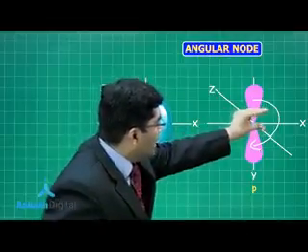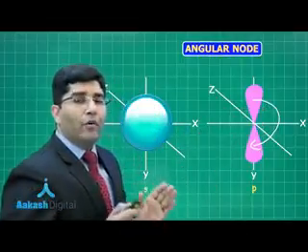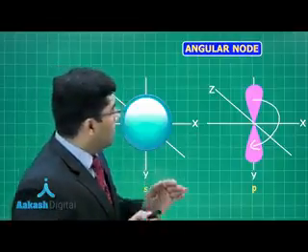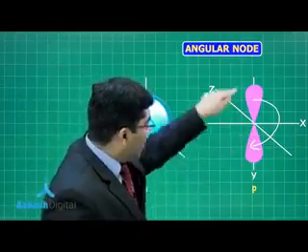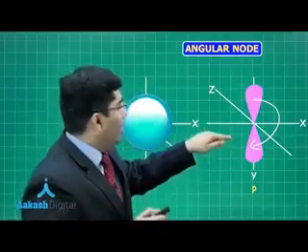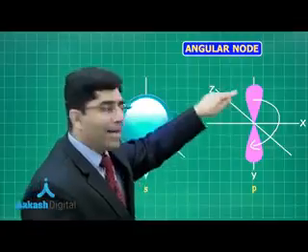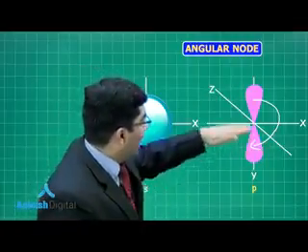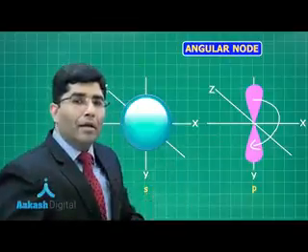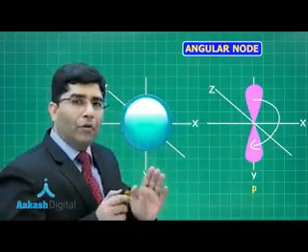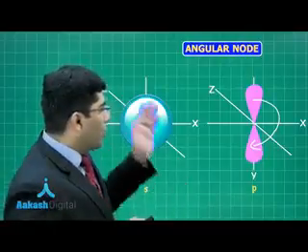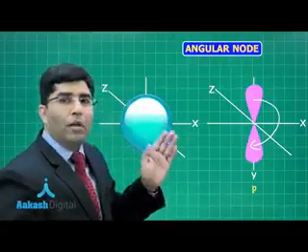So this is the region where the probability of finding the electron is 0. And if we talk about the nodal planes, this is the py orbital. The electron cloud is along the y-axis. Therefore, zx will be the nodal plane. So how many nodal planes are there? One nodal plane. Therefore, the number of angular nodes will be equal to 1, right? So this was the meaning of angular node.